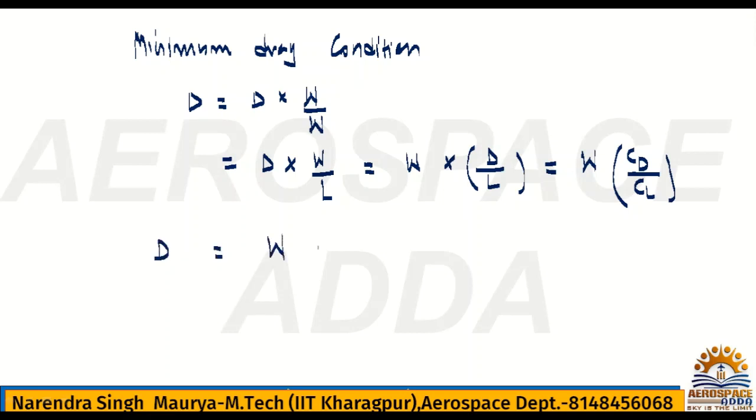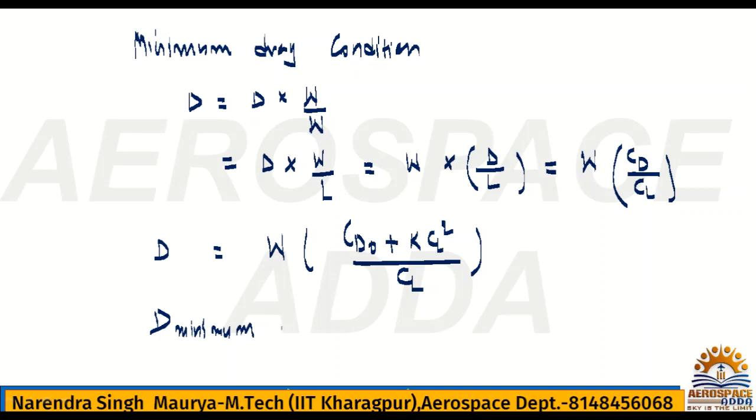Then it is weight W into CD by CL. CD is nothing but CD naught plus K CL square. That is the drag polar equation, which I have already explained. So the bracket is CD naught plus K CL square by CL. Weight is constant. If I need D min, we cannot do anything with the weight.